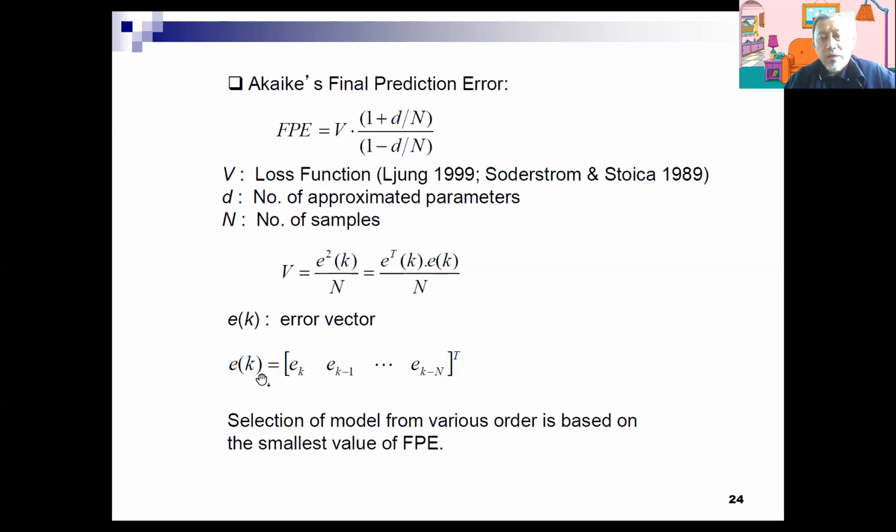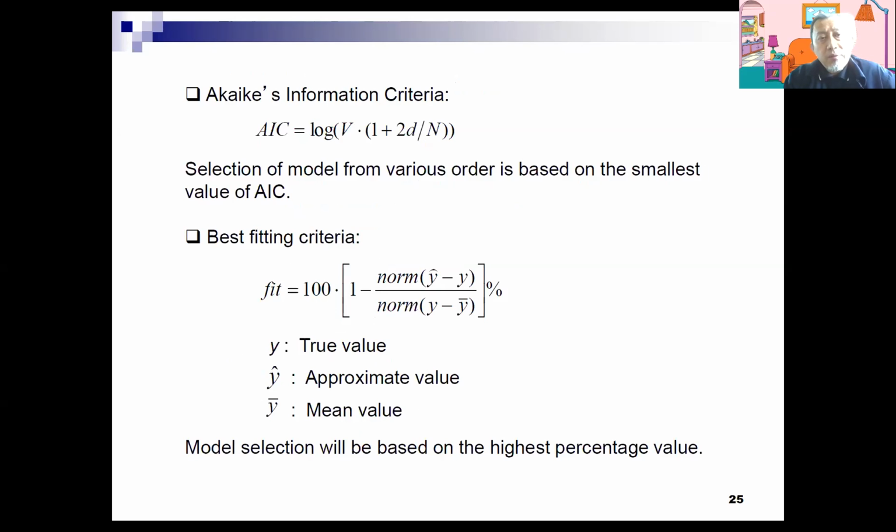T is the transpose, interchanging rows and columns. The selection of model from various orders is based on the smallest value of the FPE. As long as it is small, 0.00 something, we call it a small error and acceptable.